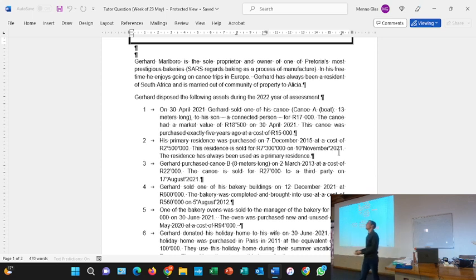You take it into account before you include your assessed capital loss brought forward from the previous year. What's our annual exclusion for this year? 40,000. So you deduct your 40,000. What do you get then? It's 282.5.